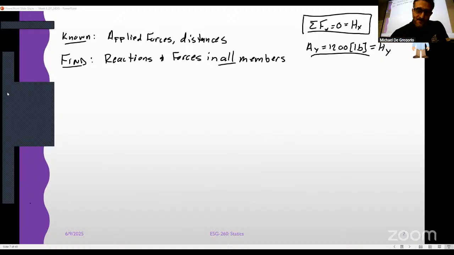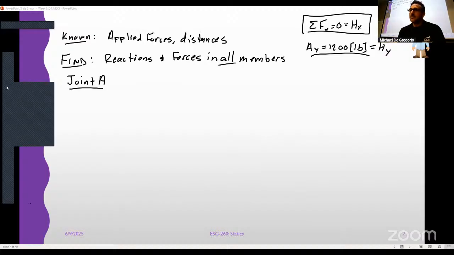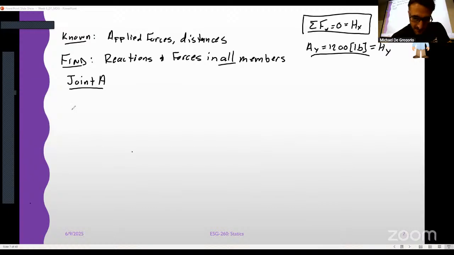Okay? So I started with joint A. Do you have to start with joint A? No, you can start wherever you like. So why would I start with joint A? Because at joint A, I only need to know 2 things. It looked simple enough, right? I'm going to assume everything is in tension to start.